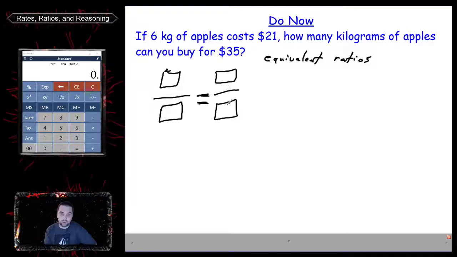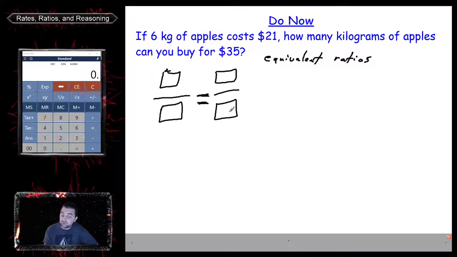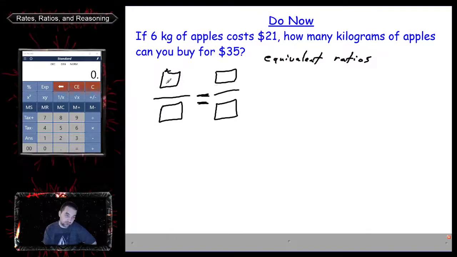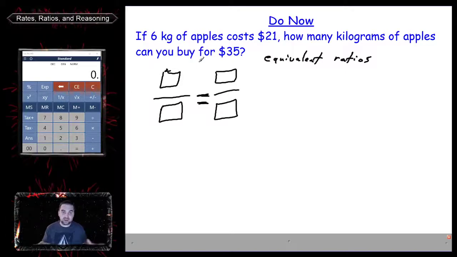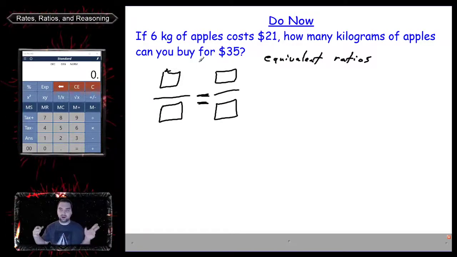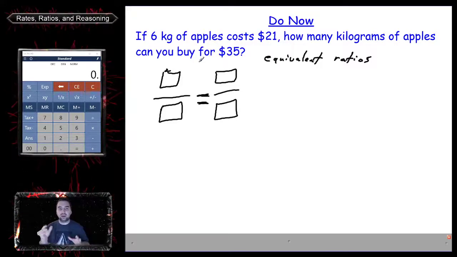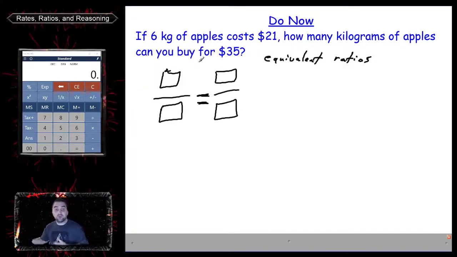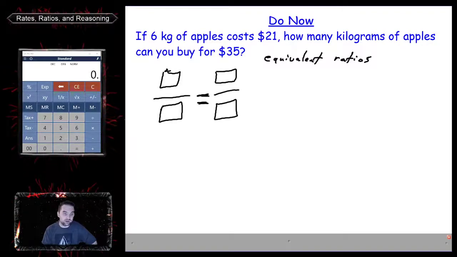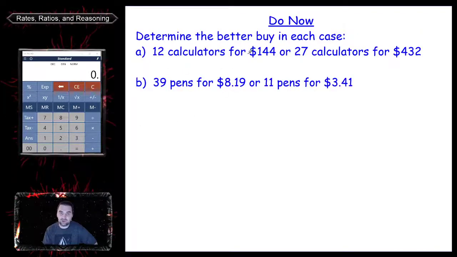So remember, the opposite of division is multiplication, and so on. You're going to try to get your unknown variable, the x or whatever you want to call it, at the top, equal to something.